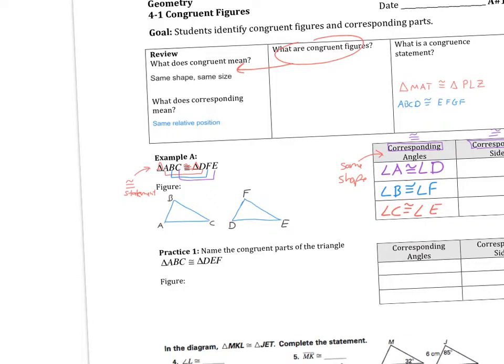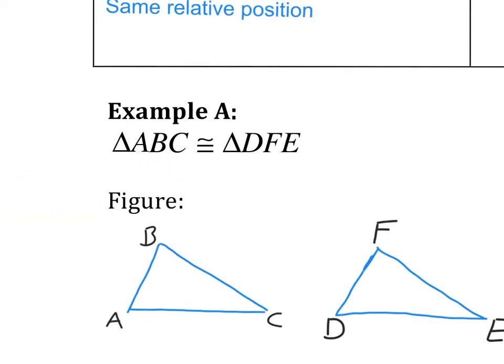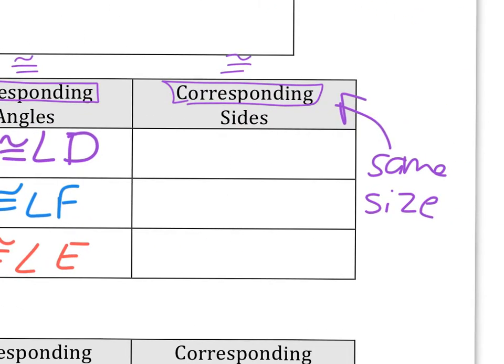All right, let's take a gander here. Now here's the next part, and I'm going to delete some of this over here. When we're talking about the sides, notice that AB comes first. DF comes first. So there is a pair of sides. So corresponding and congruent also, AB is going to be congruent to DF. Notice I'm not concerned about alphabetical order.